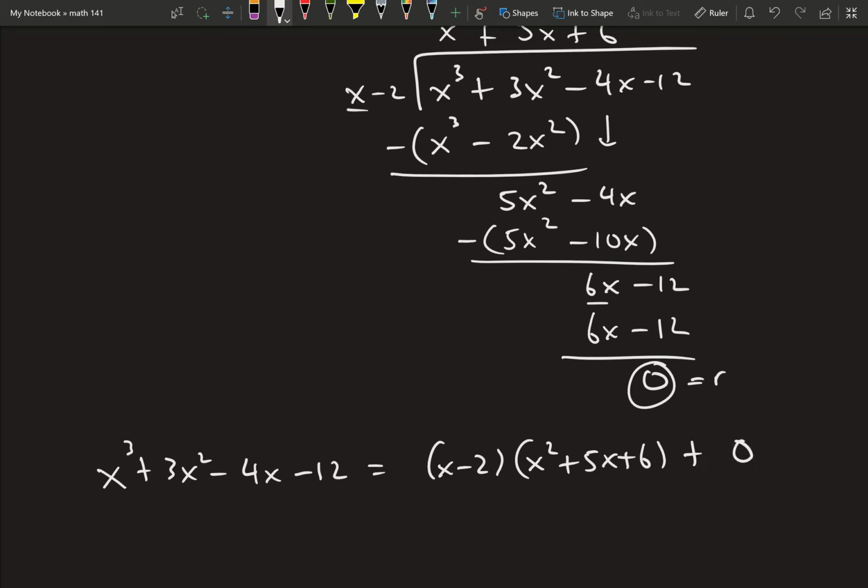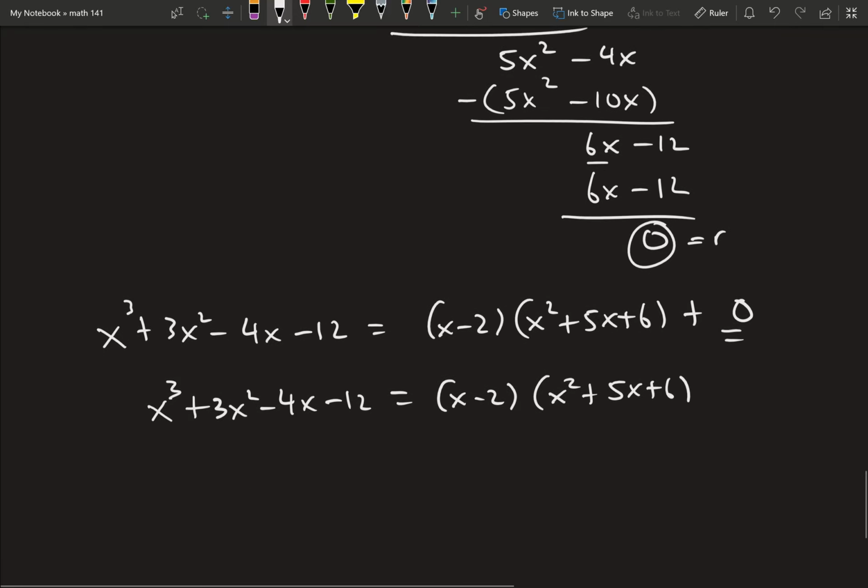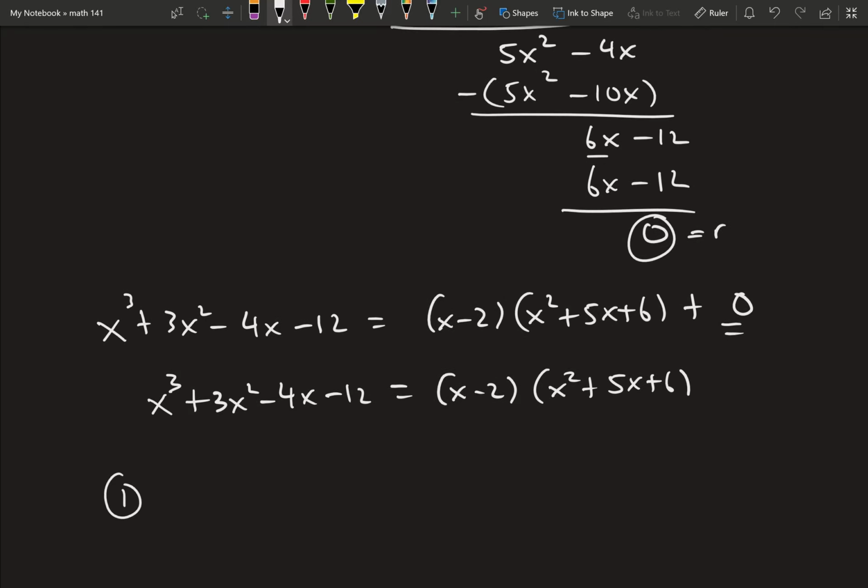So notice a couple of things. First off, since this is remainder 0, we just have that x cubed plus 3x squared minus 4x minus 12 is equal to x minus 2 times x squared plus 5x plus 6. So we have a couple of facts here. x minus 2 is a factor.